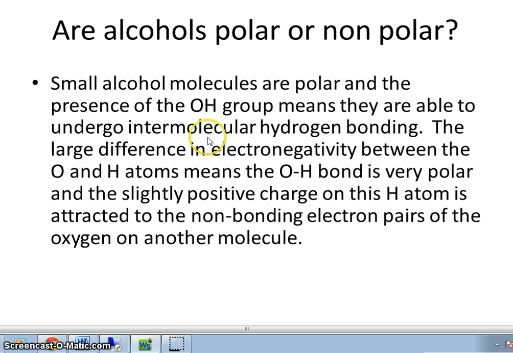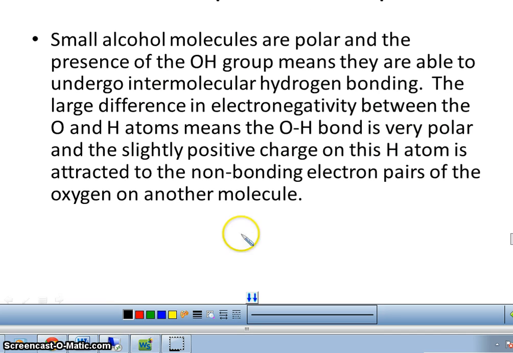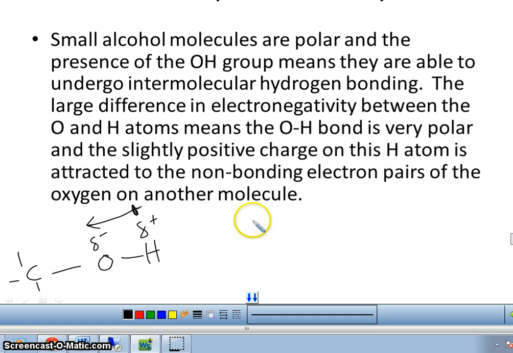Let me just do a quick little diagram to show you what I mean by that. Okay, so you have OH, and this is connected to a carbon of some description. This here is partially negative, this here is partially positive due to the difference in electronegativity. So we say that the electrons are down that end, if you're used to that. That's what that looks like.